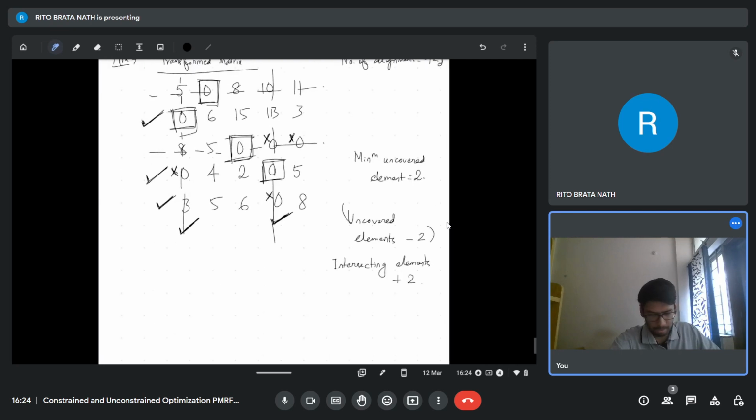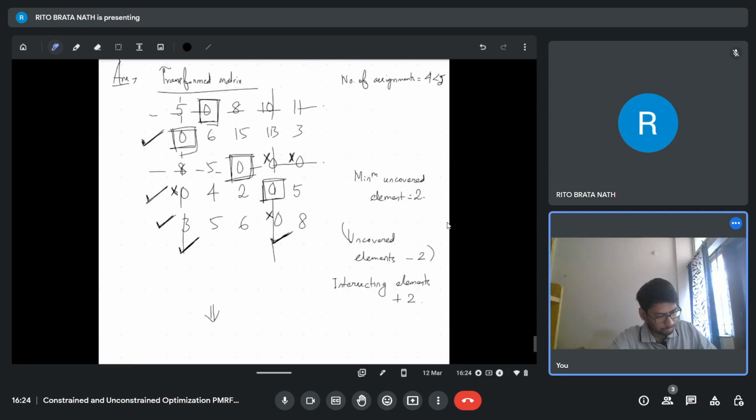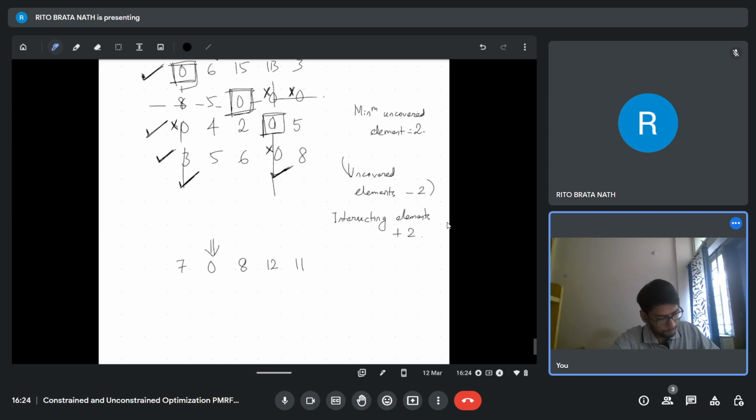Okay, so the transformed one, that will be 5. So that will be an intersecting point, so that will be increased to 7. This is 0, 8, then 10 will be increased to 12. This is 11. Then what you have is 0, sorry, 0.